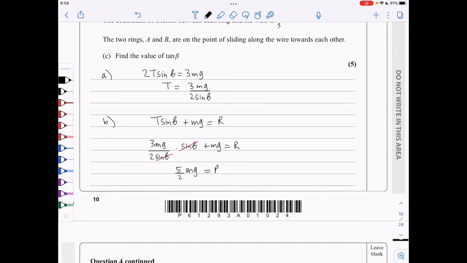And this is the reaction between the wire and A.